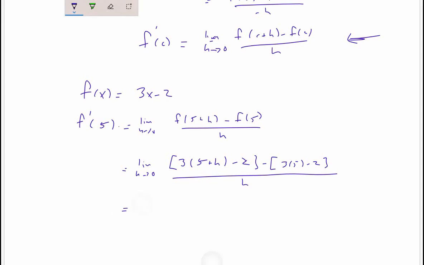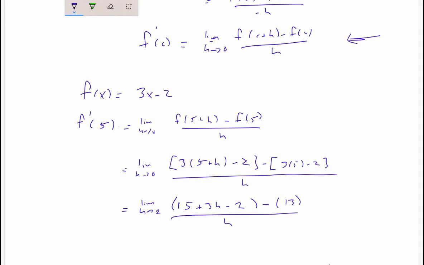So just simplifying a bit, we get 15 plus 3h minus 2, and then 15 minus 2 would be 13, minus 13. So we get the limit as h approaches 0.